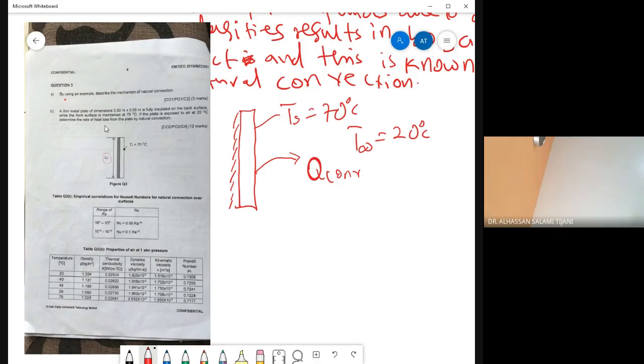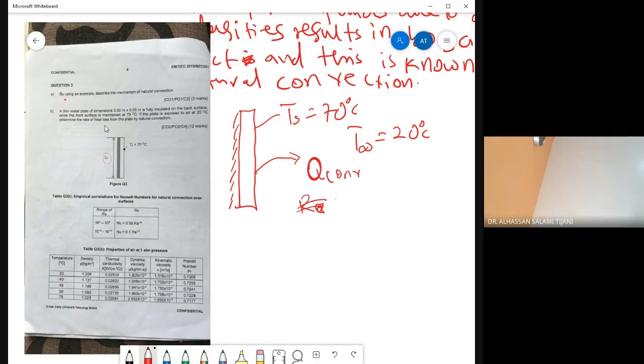Since this is a natural convection situation, we need to determine the Rayleigh number. If you go straight away to determine the Reynolds number, then the whole thing is wrong, because Reynolds number is not going to play any major role in this situation. Reynolds number is meant for forced convection, and Rayleigh number is meant for natural convection.